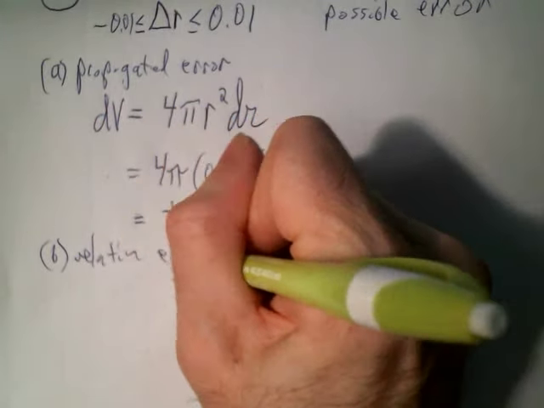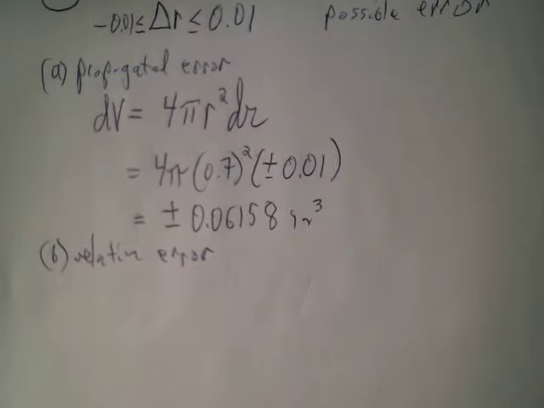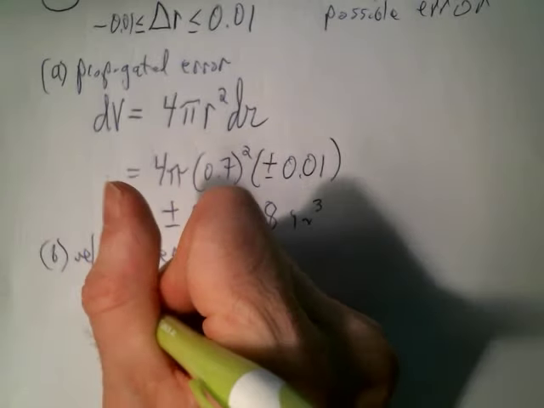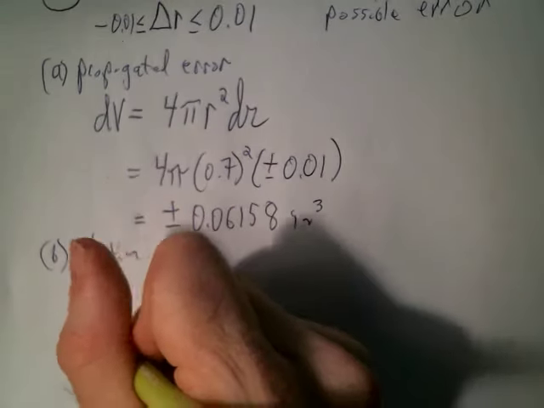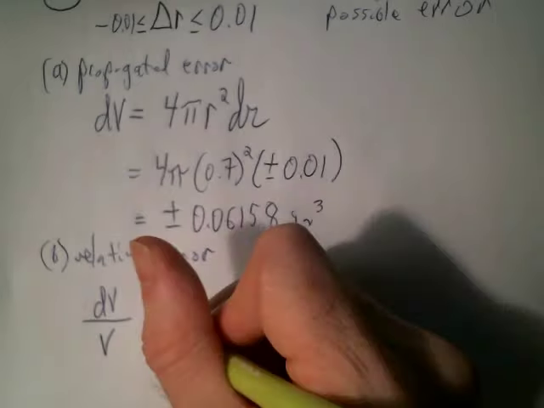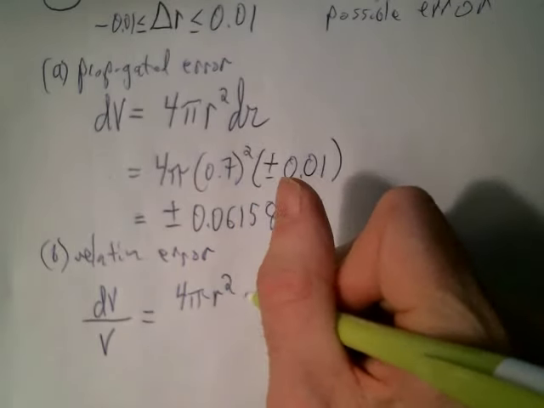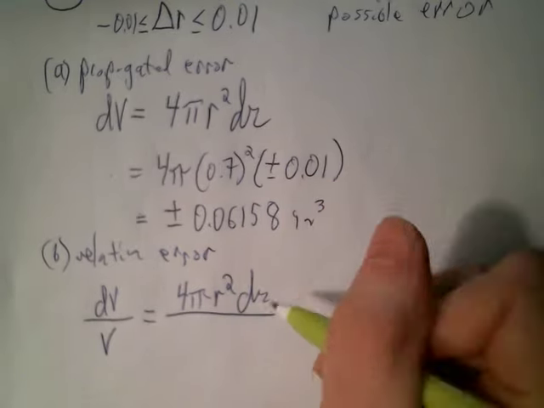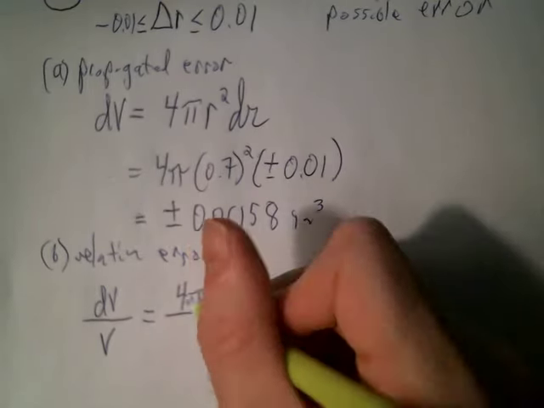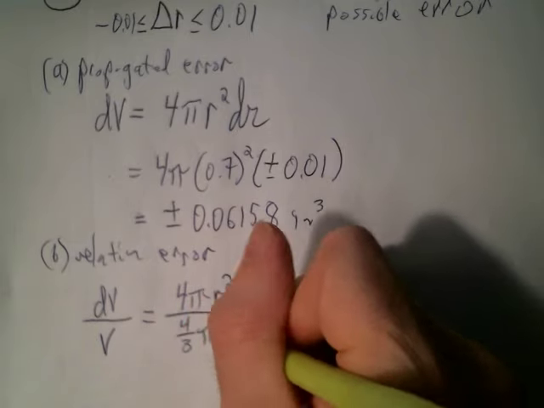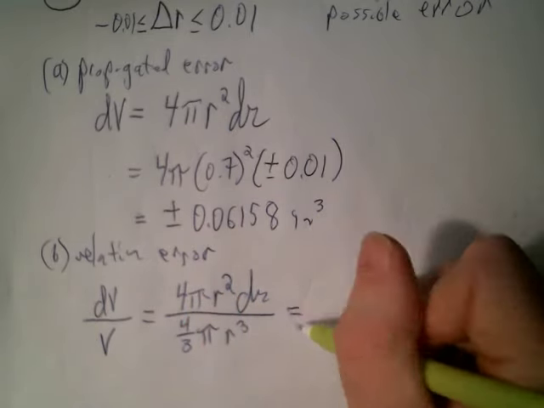Relative error is going to be the ratio of the differential to the value. Okay, so this would be 4 pi r squared dr all over 4/3 pi r cubed.